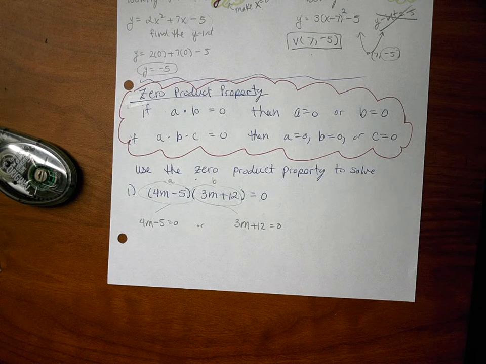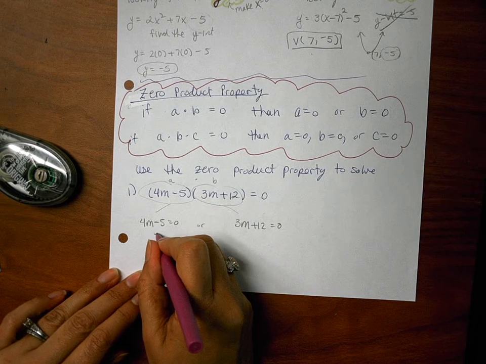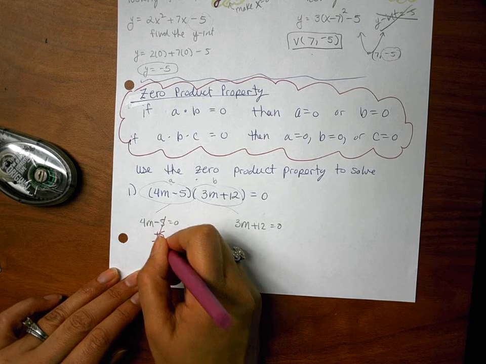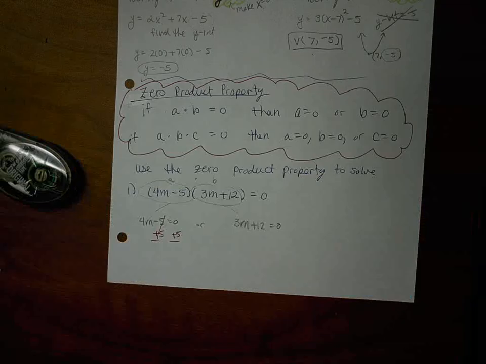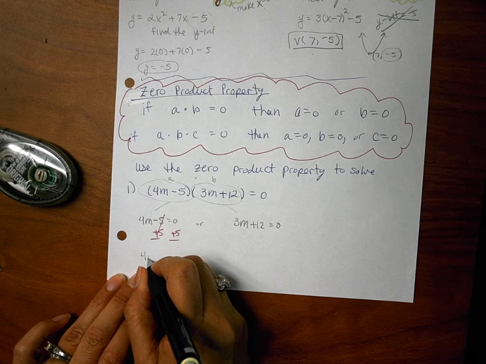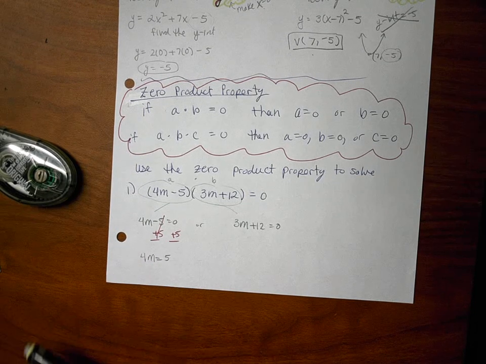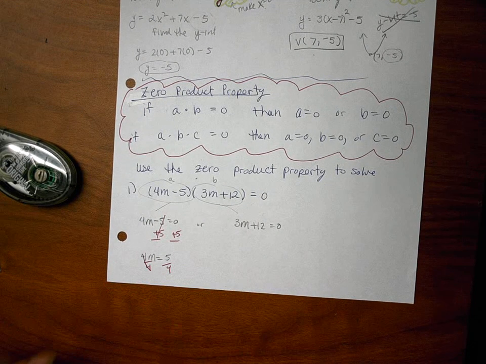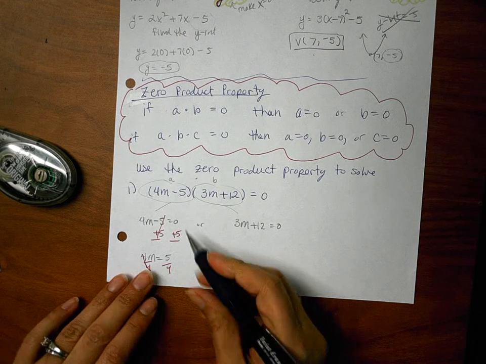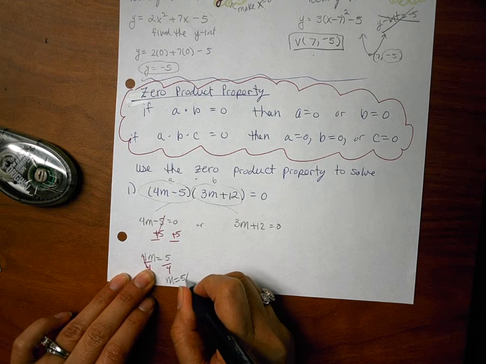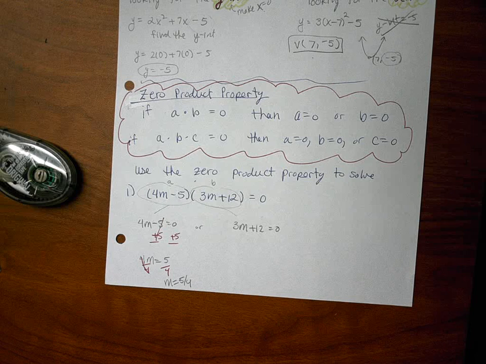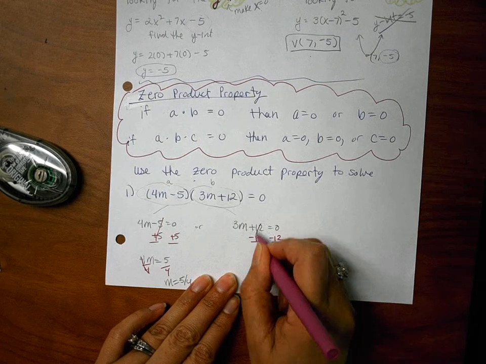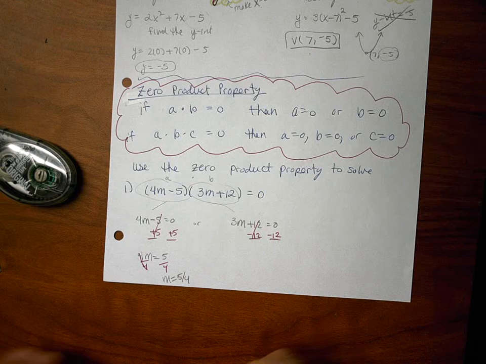Okay, and that's it. You just solve the way we've always solved. Plus 5, gone. 4m equals 5. Divide by 4. M equals the fraction 5/4. Okay, this one, subtract 12. 3m equals negative 12.